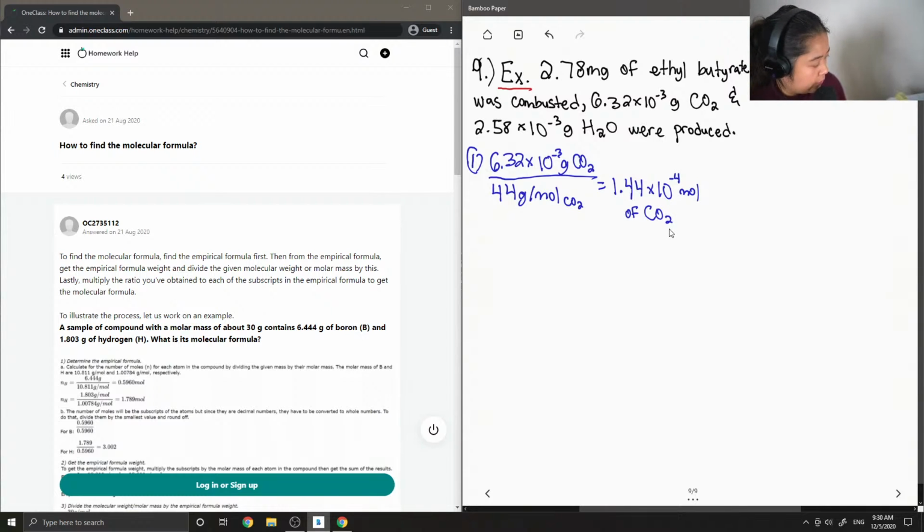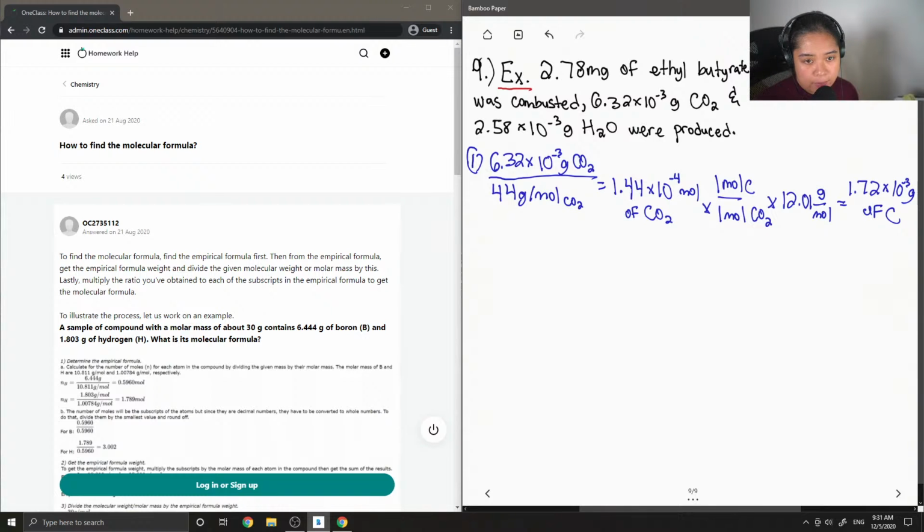And now we want to convert this to the moles of carbon. So there is 1 mole of carbon in 1 mole of CO2. And then to find the mass of carbon, I'm going to multiply by carbon's molar mass, which is 12.01 grams per mole, to give us a value of 1.72 times 10 to the negative 3 grams of carbon.